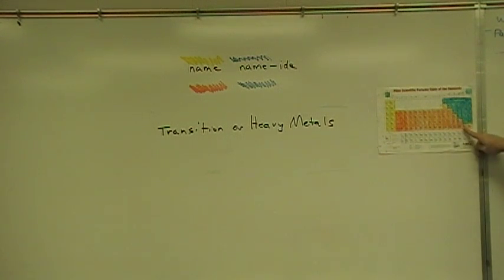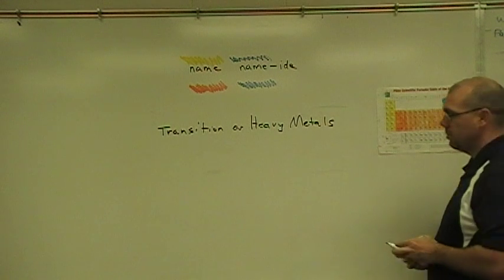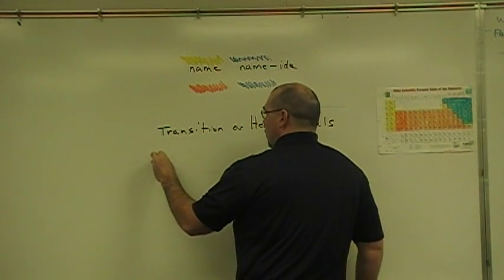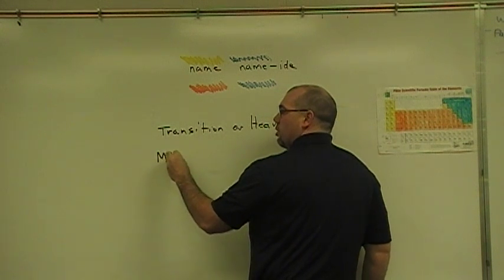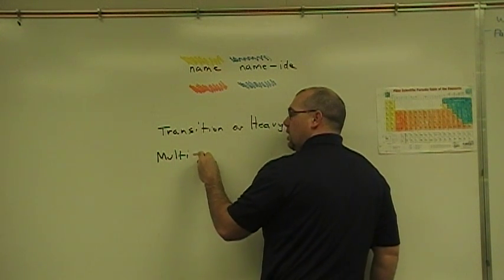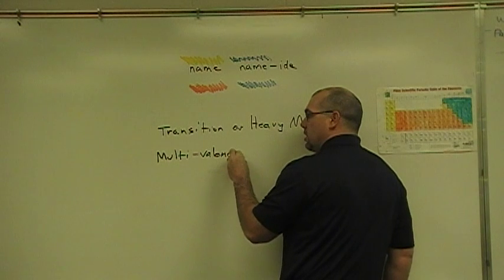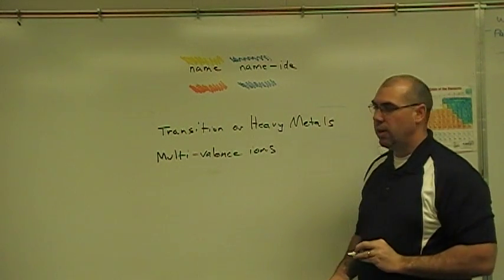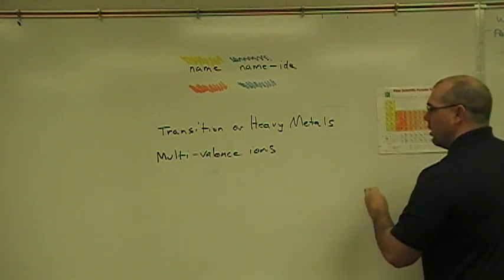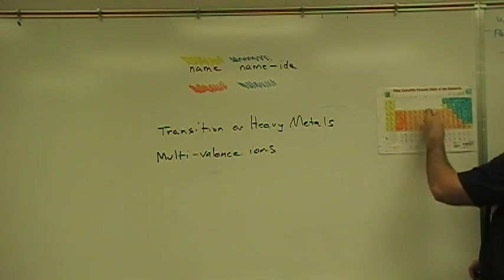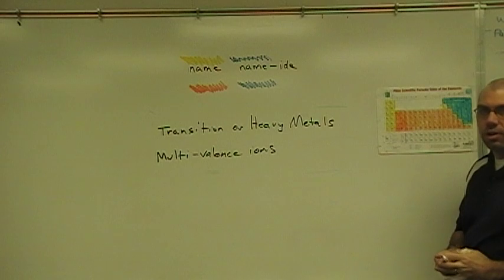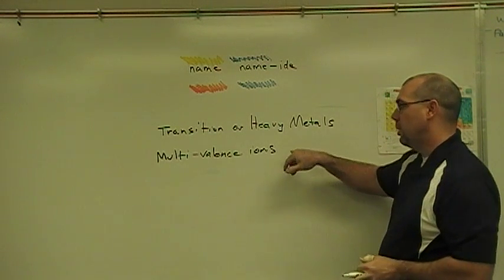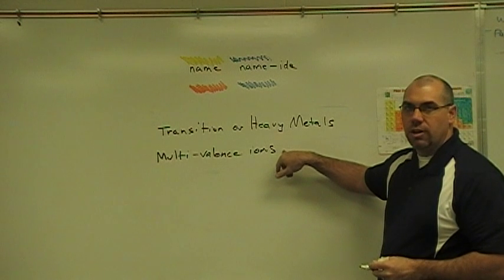The guys under the stairs here, those are the heavy metals. When we're using our vocabulary, these are referred to as multi-valence ions. For what we're doing, basically there's a very complex electron structure, and if you add energy to the system, you can have a different ion.